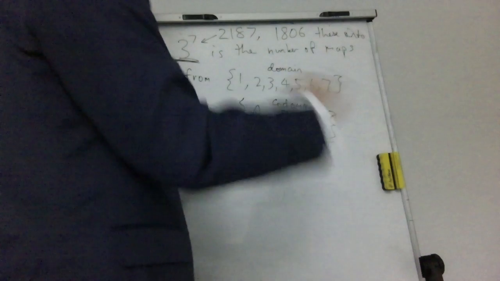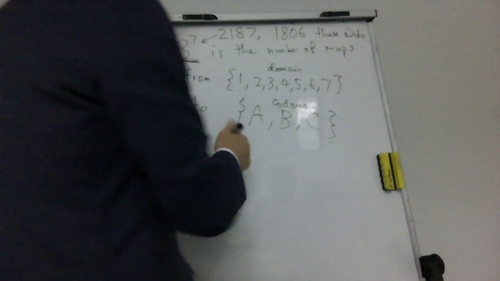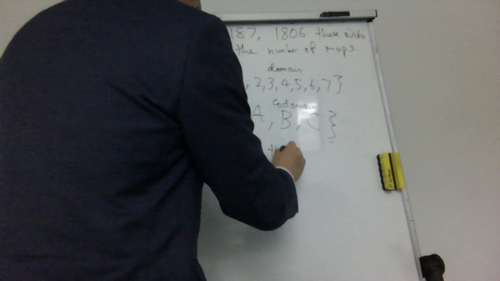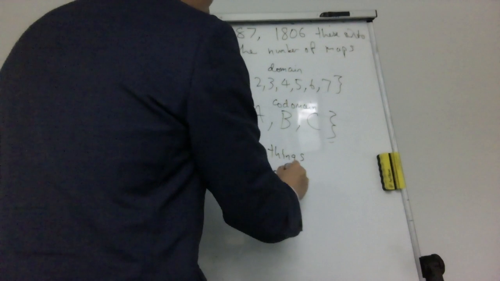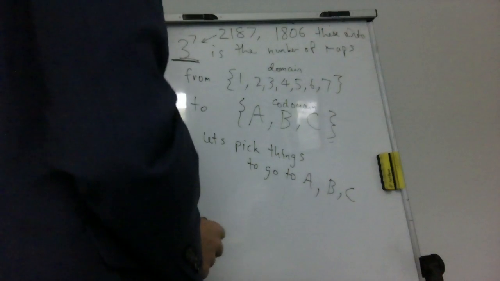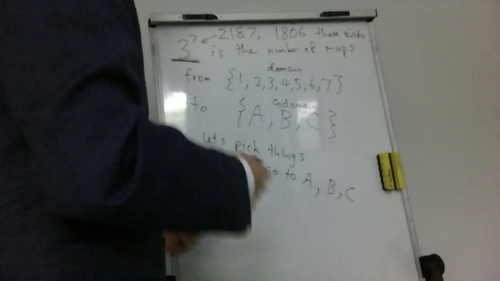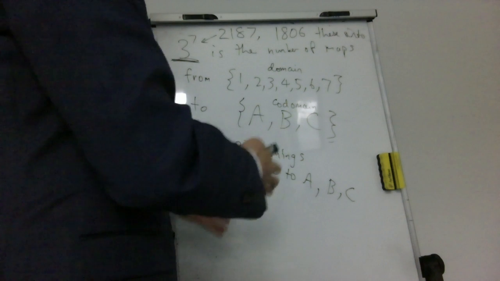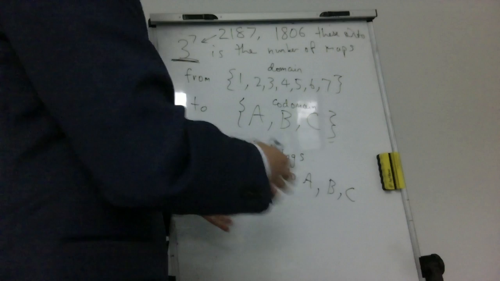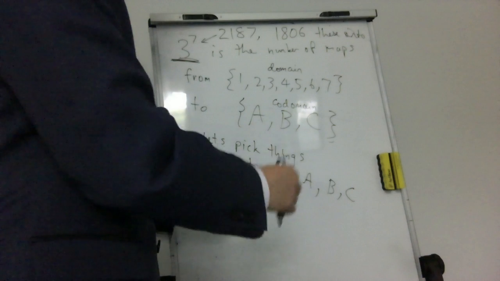With the combinations, let's pick things to go to A, B, and C. We could be systematic: first, how many things go to A, how many go to B, how many go to C. Different numbers for those will give you different functions, and as long as the numbers are not 0, it's onto, because something goes to each one of them.